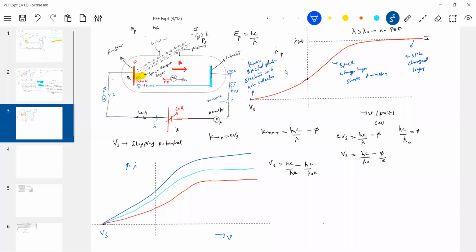So stopping potential is fixed here. This is intensity I, 2I, 3I. Why should stopping potential not change? That's the explanation we are giving here. As you increase intensity, number of photons will increase, energy of photon will remain same. Energy of photon will determine Kmax, and the stopping potential depends on Kmax.